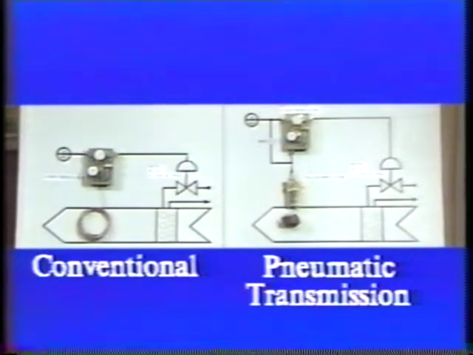Let's review the concepts and components of pneumatic transmission systems. We started out by looking at the differences between pneumatic transmission systems and conventional controllers. Advantages of pneumatic transmission systems were found to be centralization of control components and availability of temperature indication.